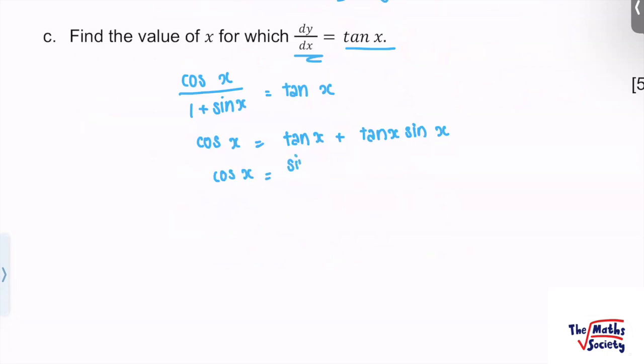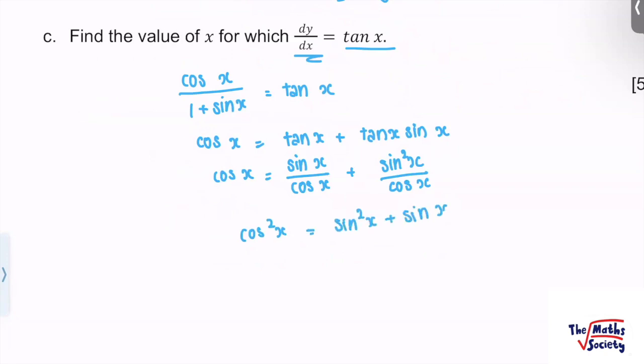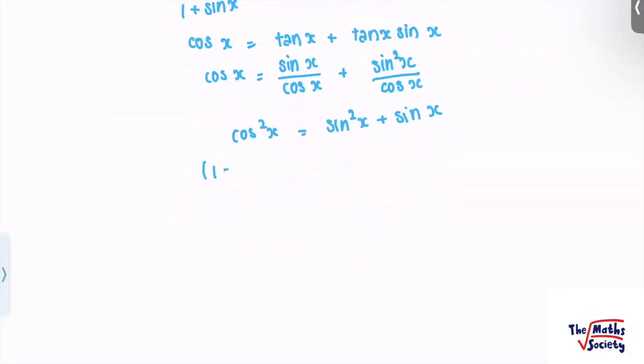So we want to make it into cos x, which is common, right? So it's going to be sine x by cos x plus sine square x by cos x. So it's going to be cos square x equals sine square x plus sine x. So cos square x is 1 minus sine square x, so that's equal to sine square x plus sine x.